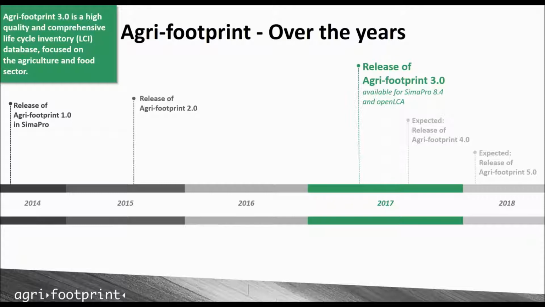In 2015, we had the second release, and earlier this year, we released Agri-footprint version 3, which is available in both SimaPro and OpenLCA. And later this year, we are planning to publish Agri-footprint 4.0, including some new data sets. And finally, we expect to release Agri-footprint version 5 in 2018.